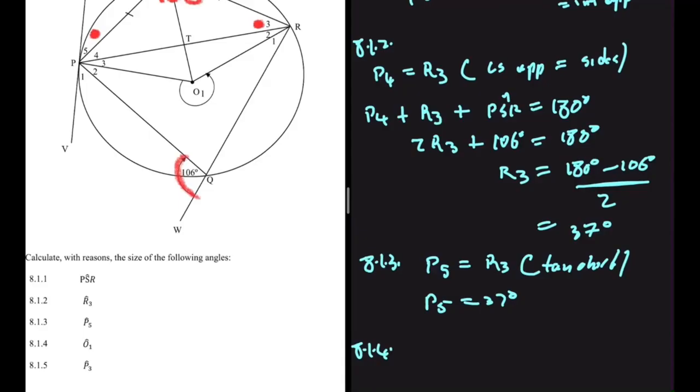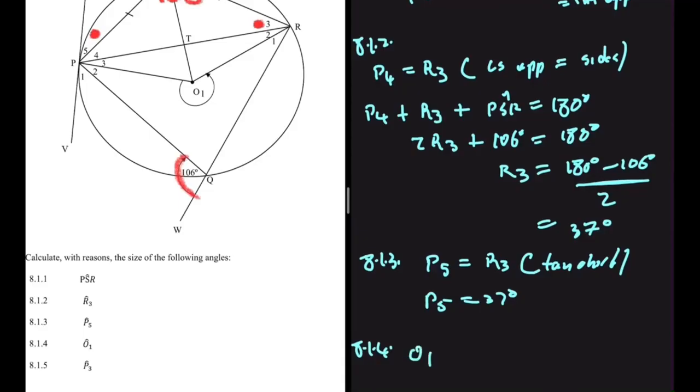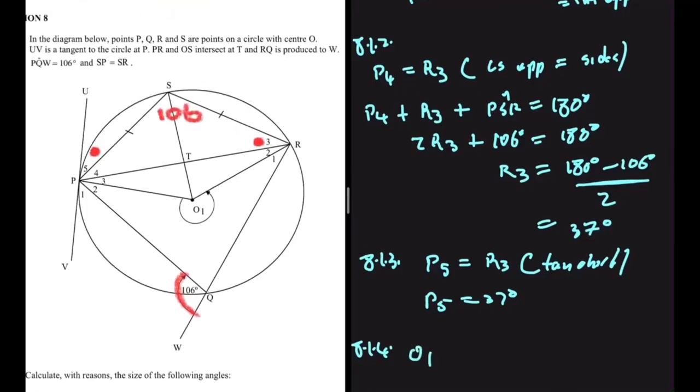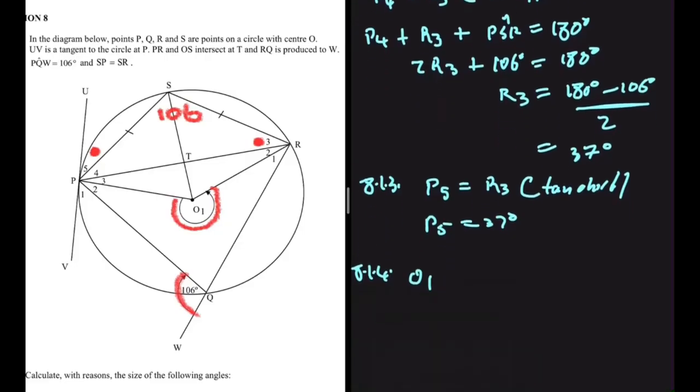8.1.4, we're looking for the size of O1. Well, like we have already deduced earlier in the video, O1 should be equal to 2 times angle PSR. The angle at the center is twice the angle at the circumference, if they come from the same arc.